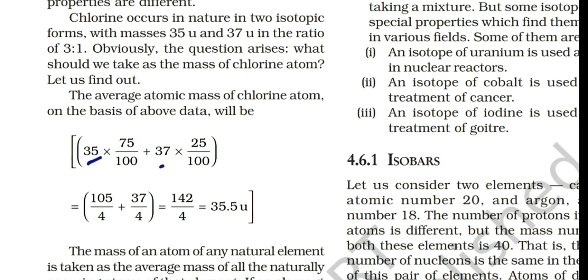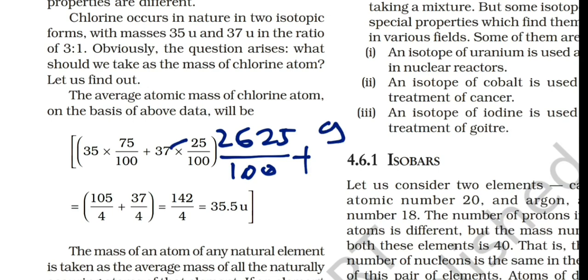If you see here, 35 and 37 are in the ratio 3:1, that is 75 upon 100 and 25 upon 100. Now if we calculate this in a simple way, 35 multiplied by 75 gives 2625 divided by 100, plus 37 multiplied by 25 gives 925 upon 100.